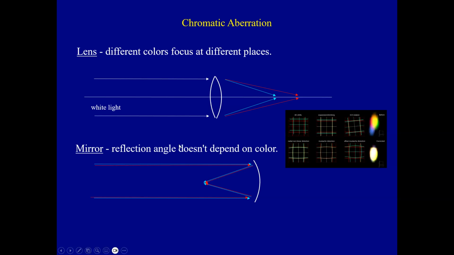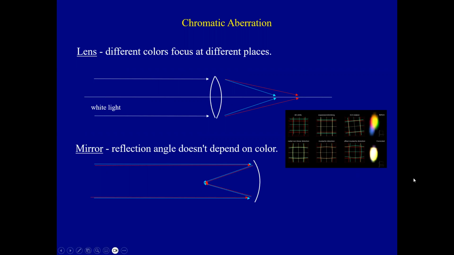If you take a mirror, the reflection angle doesn't depend on color, right? A reflecting surface can reflect blue light or green light or red light at the same reflecting angle. So the reflection angle only depends on the incident angle of the light ray. I think you can remember that from your A-levels. So that means mirrors don't have this chromatic aberration issue.